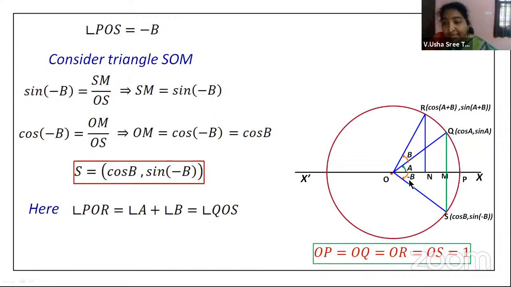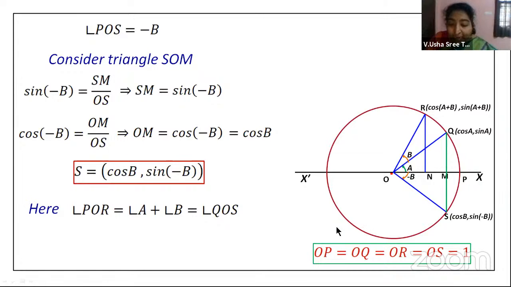Of course, this minus B, we are taking minus just because of the opposite direction. But numerically, this B and B are both the same. Therefore, numerically, we can conclude that angle POR and angle QOS are both equal.